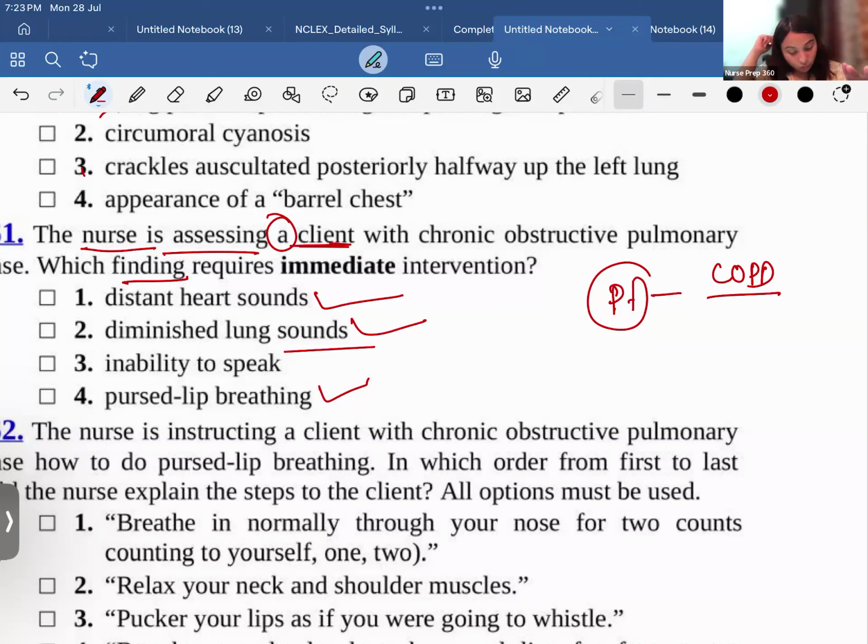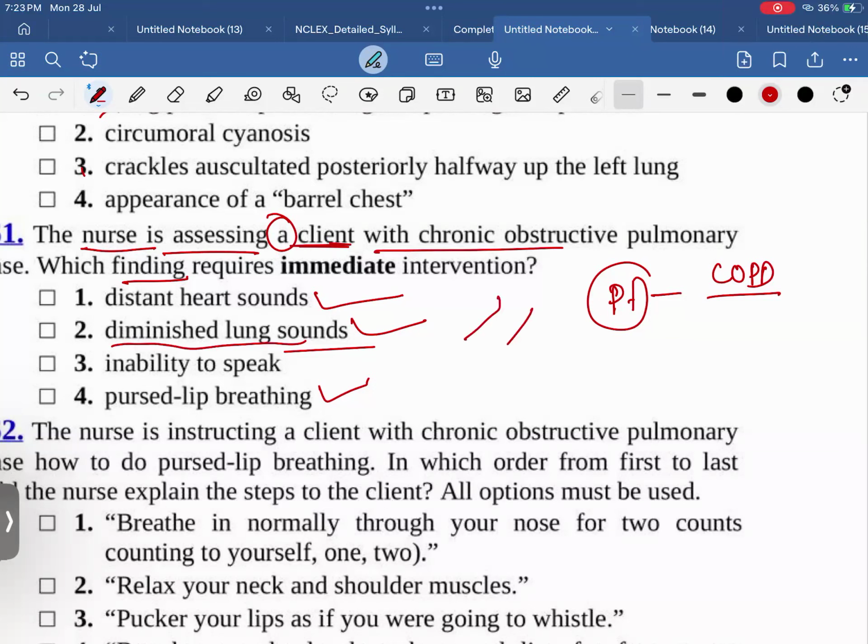Okay, Govind Raj, let's understand why this is not the answer. Diminished lung sound means, in COPD, there is pus formation in the bronchial tubes and some obstruction in the airway, but not complete obstruction.